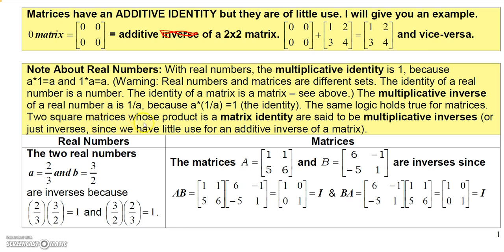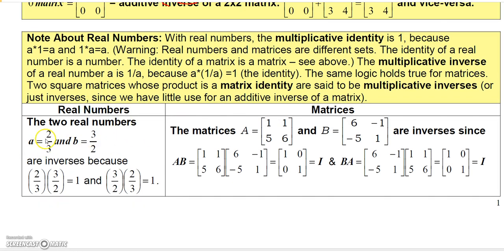So two square matrices whose product is a matrix identity are said to be multiplicative inverses, or just inverses. So with real numbers, if you multiply 2/3 times 3/2 and get the number 1, we know that these two numbers are inverses of one another.